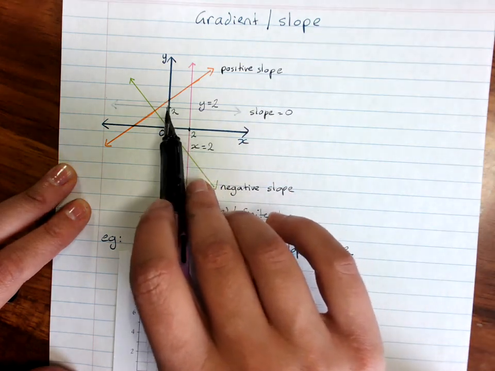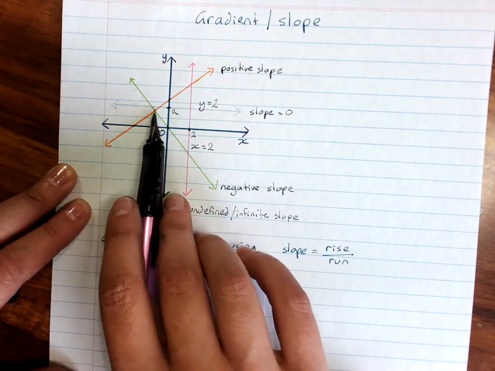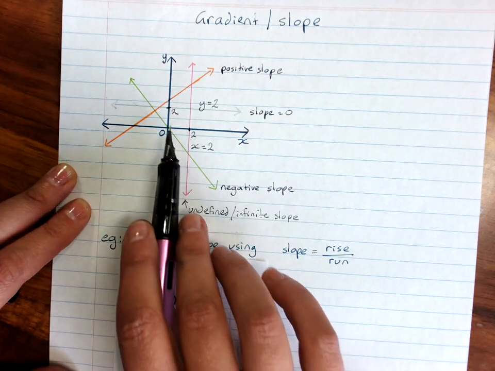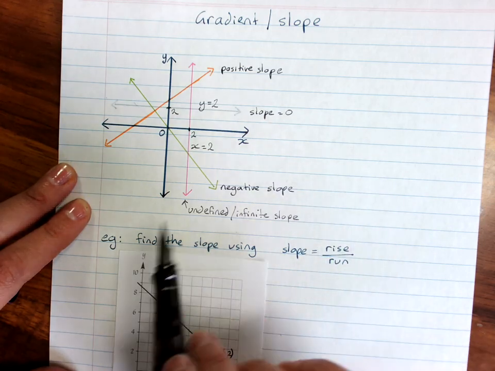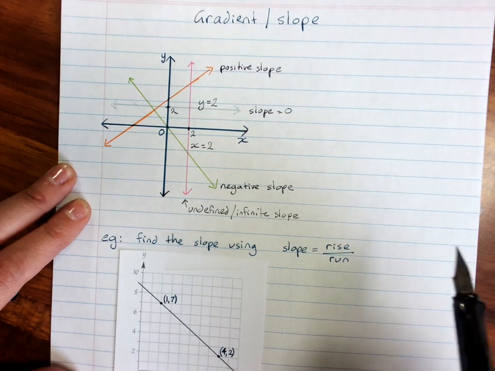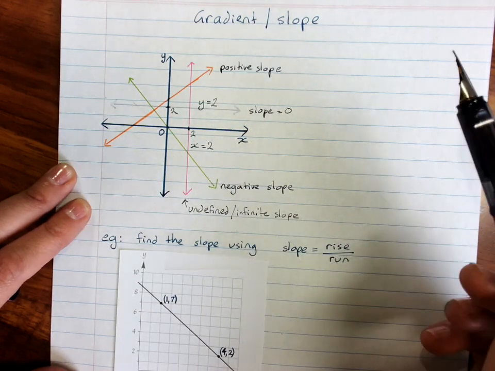If y is increasing as x increases, we have a positive slope. If y is decreasing as x increases, we have a negative slope. So we need to be able to say whether a slope is positive, negative, 0, or undefined.